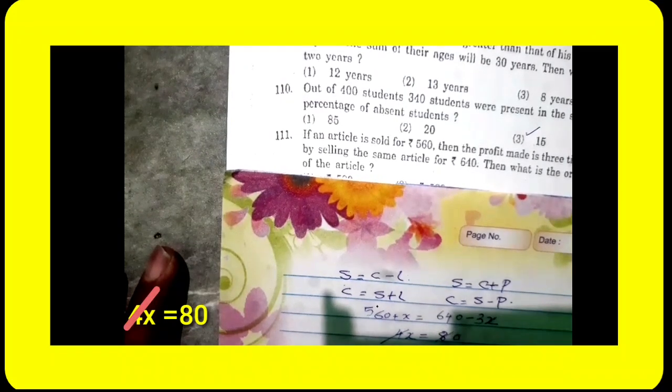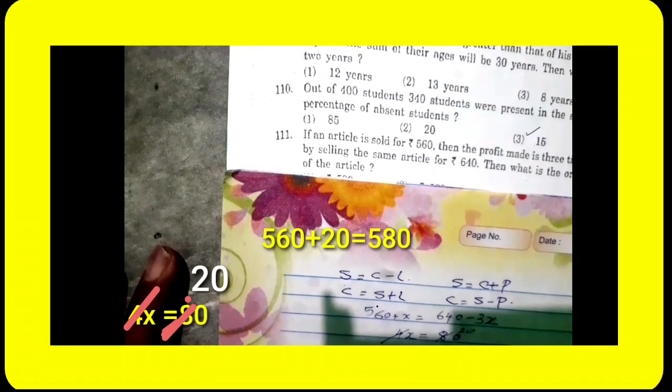Divide 4. 20 rupees loss. So selling price is, cost price is 560 plus 20. That is 580.